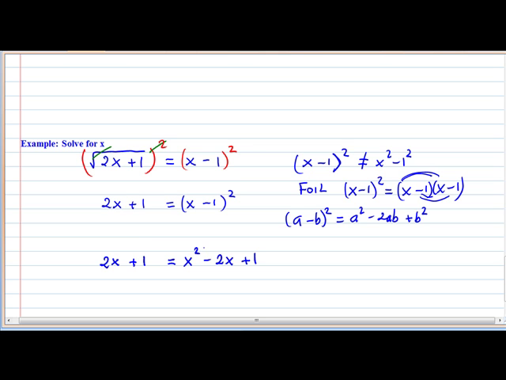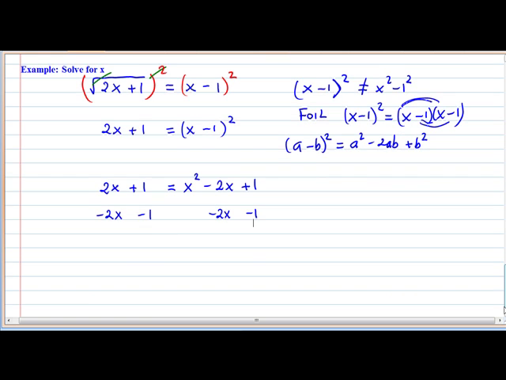I recognize that this is a quadratic equation, and to solve it I want to have one side of the equation equal to 0. To do that I will subtract 2x and subtract 1 from both sides. I have 0 here, and I have x squared minus 4x equal to 0.